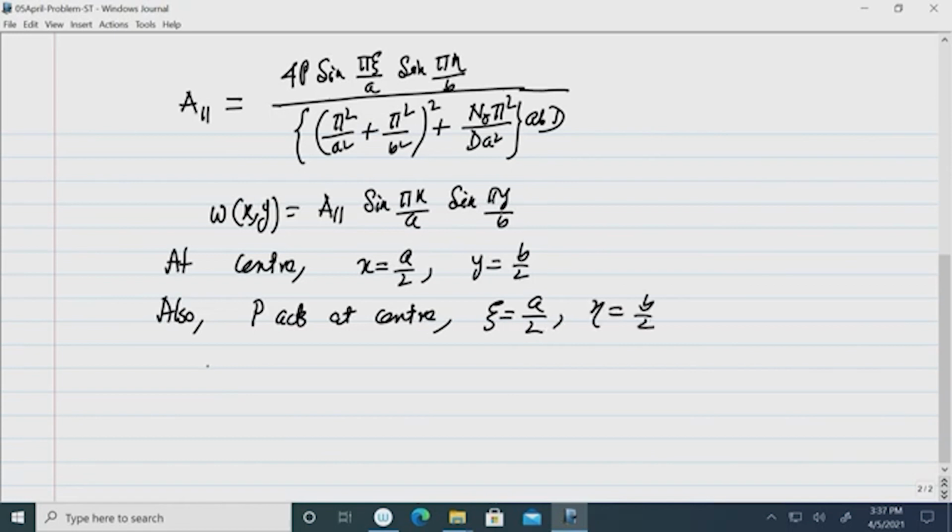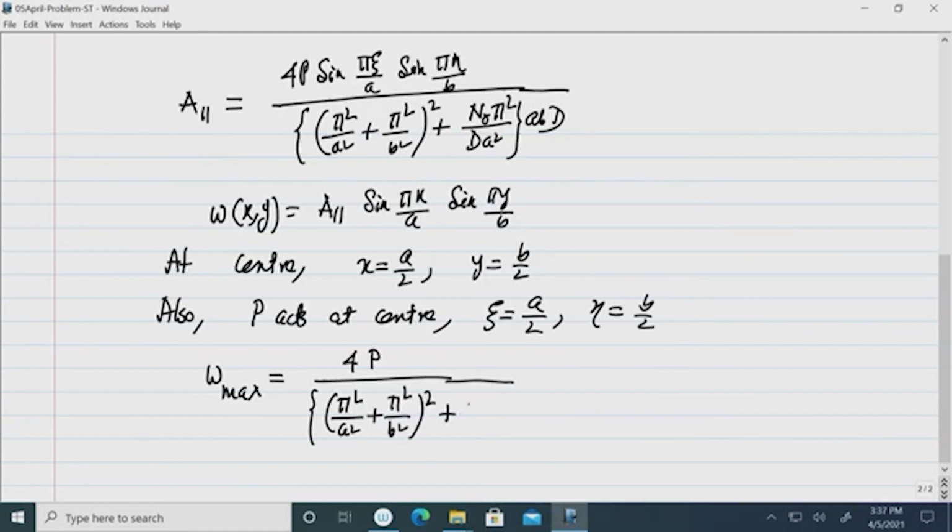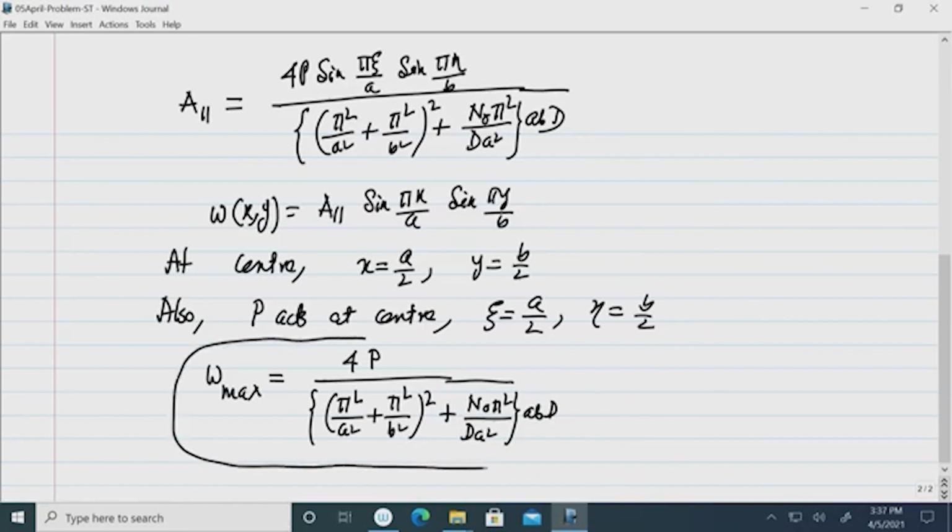So, the maximum deflection that you get is at the center and its value is 4P divided by pi square by a square plus pi square by b square, whole thing square, plus N naught pi square by D a square, a b into D. So, this is the value of the maximum deflection that we require to find.